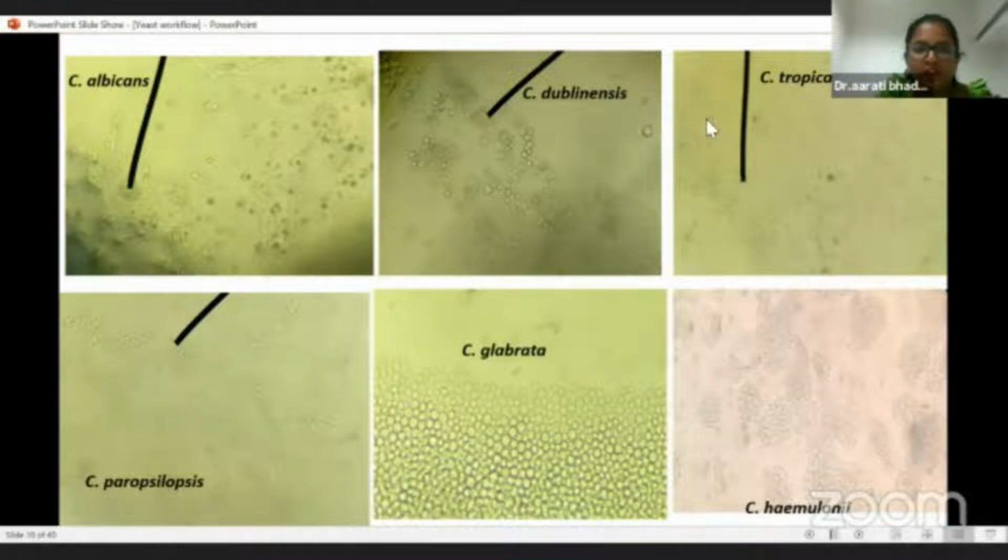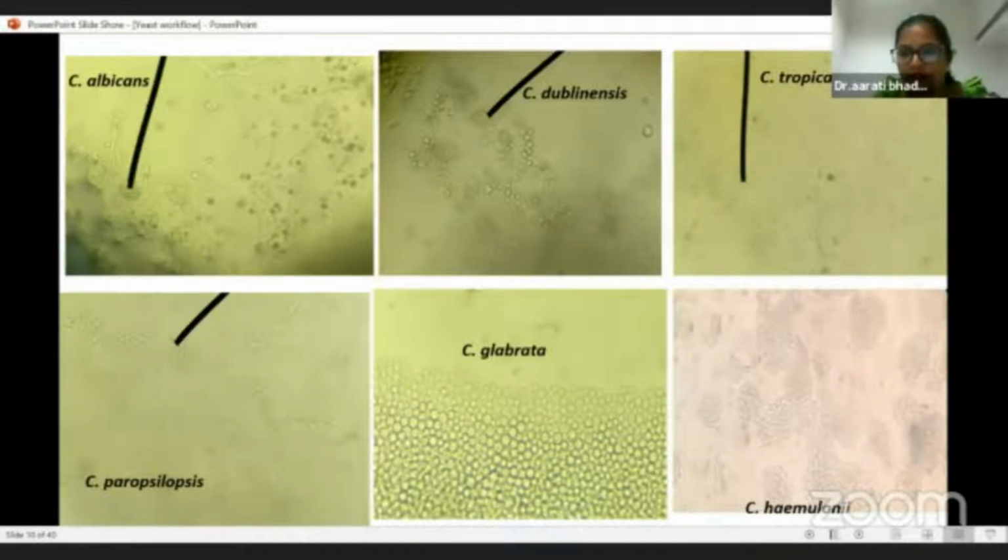We have to differentiate between these two by other conventional methods. If we incubate for more than 48 hours, 3 to 4 days, the terminal spores will change into groups. So for differentiating these two, we have to do other conventional methods also.